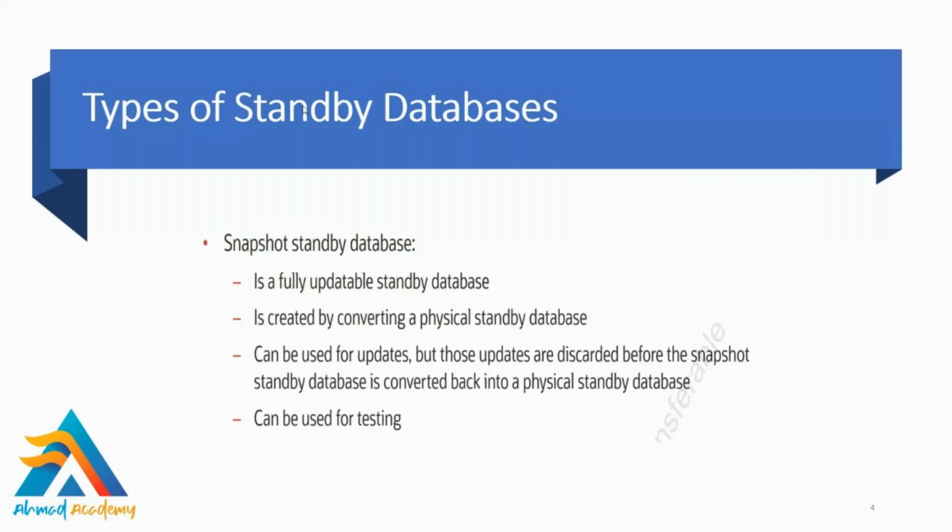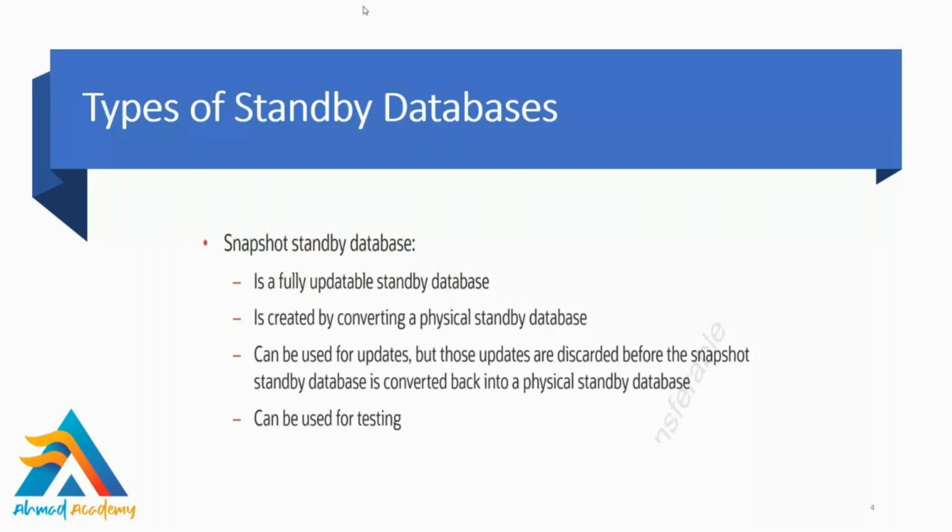In my last organization, I did this activity frequently: convert physical standby to snapshot and then give it to my development team, and they would test against the required production environment. So the Data Guard physical standby will fulfill their requirement, and when they finish the test, I convert it back, and whatever changes happened are rolled back. So this is the third type of standby database.